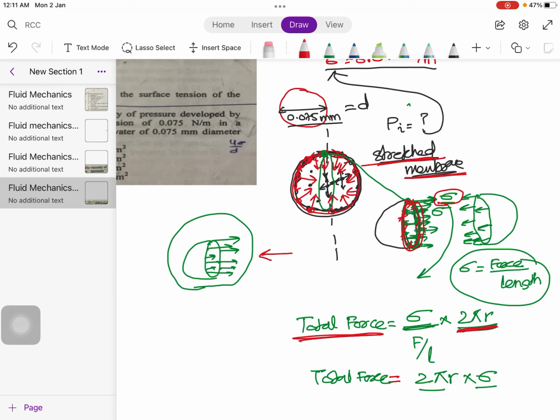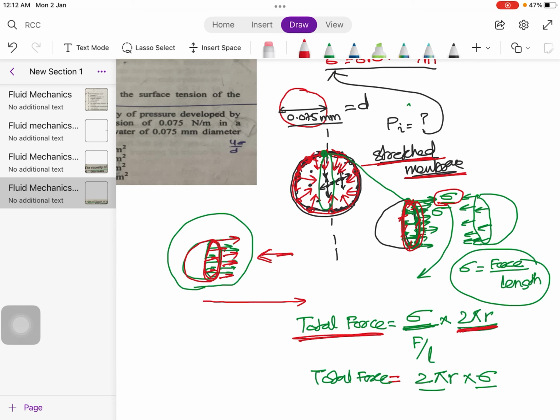Because had there been a force like this surface tension force acting all over the circumference alone, this half of the droplet would have moved something like this. But this droplet is not experiencing any movement in itself, and therefore there must be a force which is holding this half of the water droplet in its position.